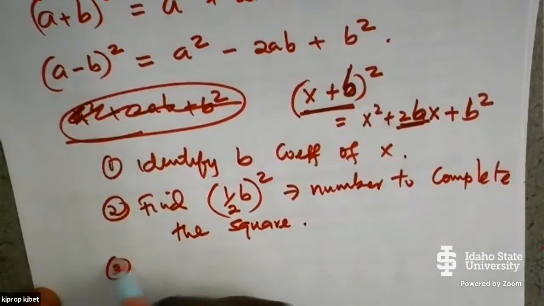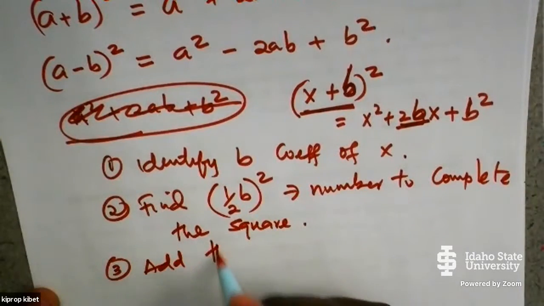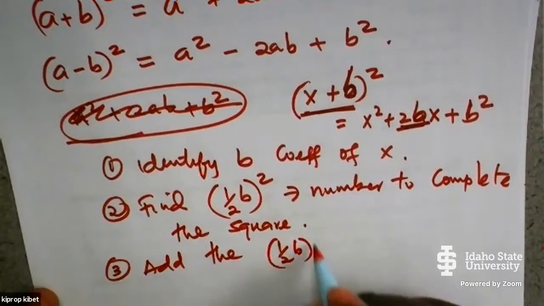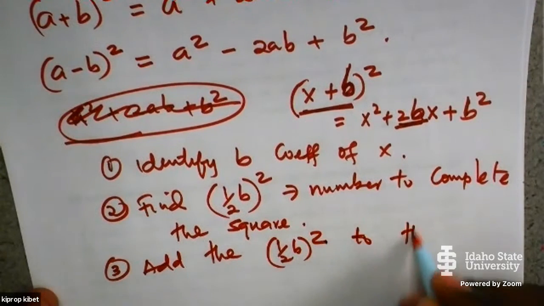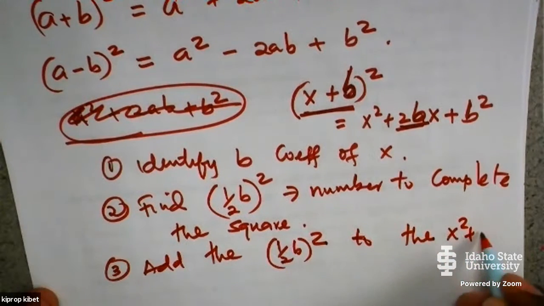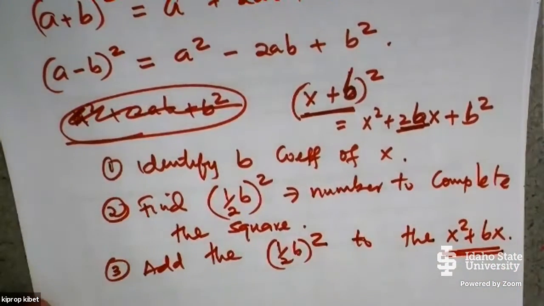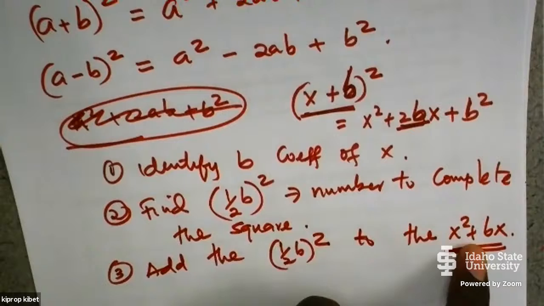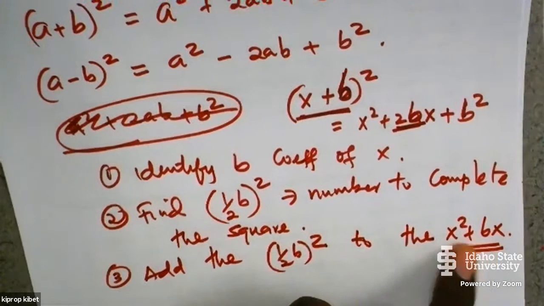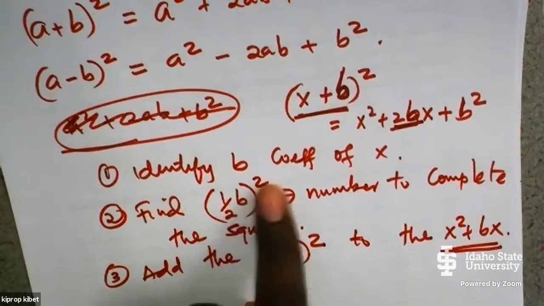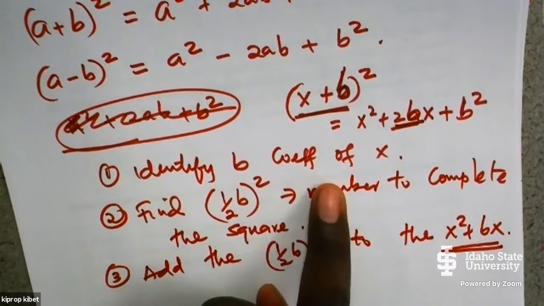And number 3, add the half b squared to the x squared plus bx. So first you identify b, which is the coefficient of x.